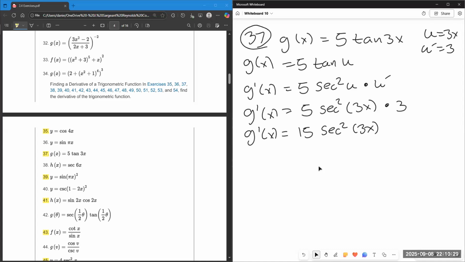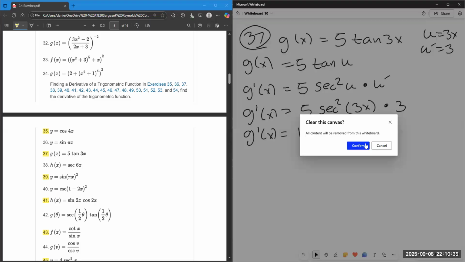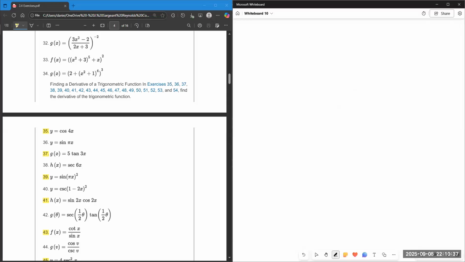Let's look now at number 39. Number 39 says y is equal to sine of, I'm going to put a bracket here to be clear, this is pi x squared inside of sine.